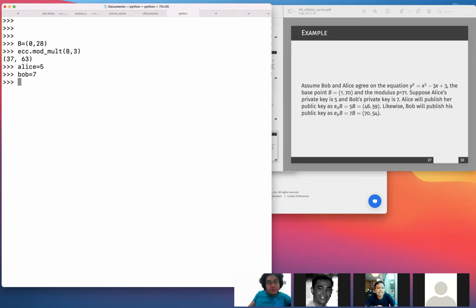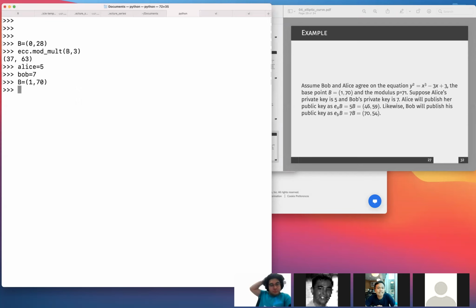Okay, so Alice and Bob. Let's define B equal to ECC dot mod mul, so we multiply. Okay, let me define B first. B is equal to 1, 70.